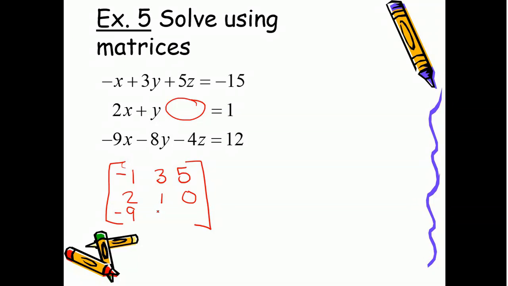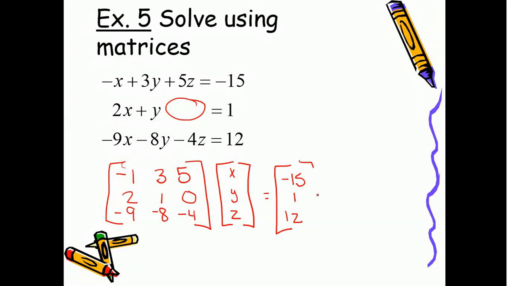Then I got negative 9, negative 8, negative 4, x, y, z, negative 15, 1, and 12. There we go.